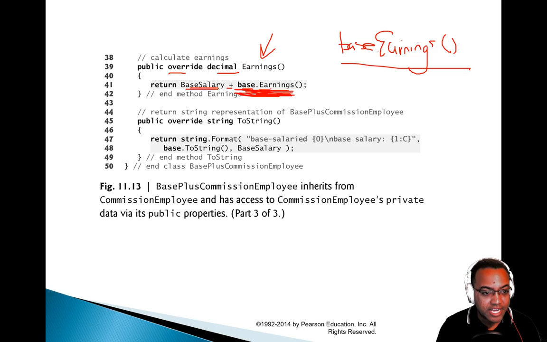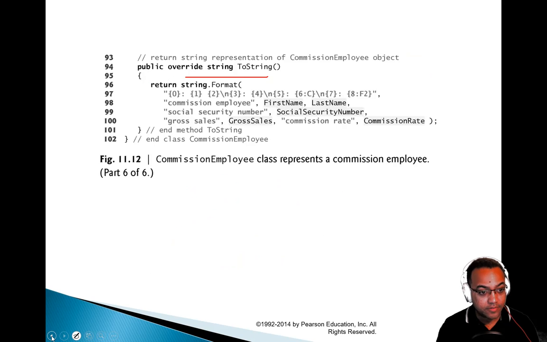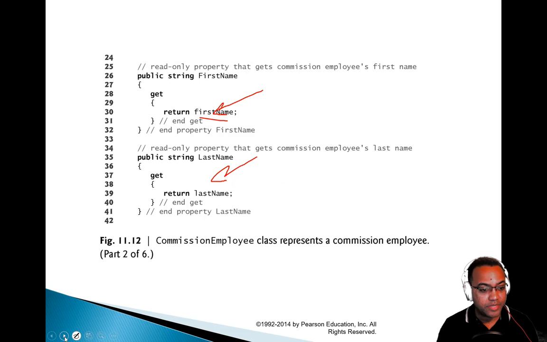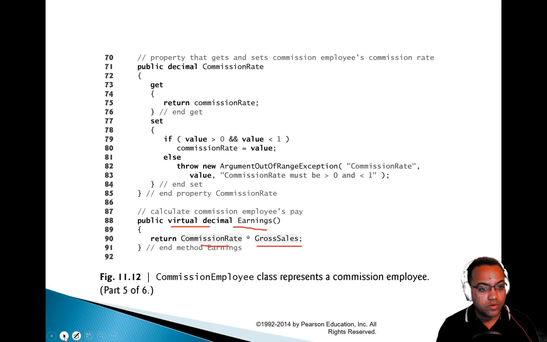So the base salary property is being added to the base.earnings method, which, if we go back to the base class, here's the base class, and here's earnings. Public virtual decimal. What is the base class earnings method calculating? Commission rate times gross sales. But we don't have to write that again.